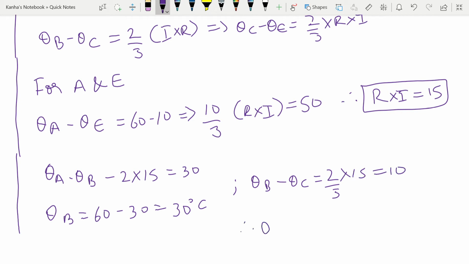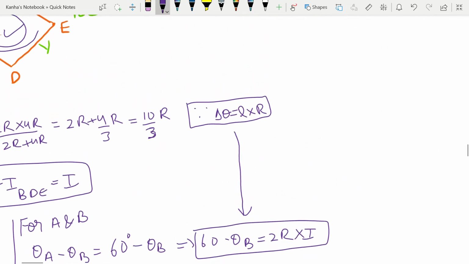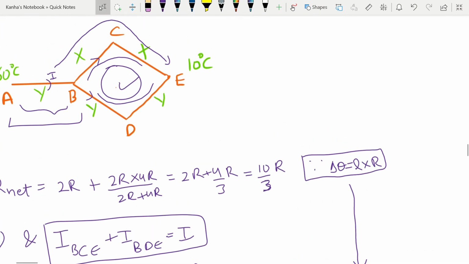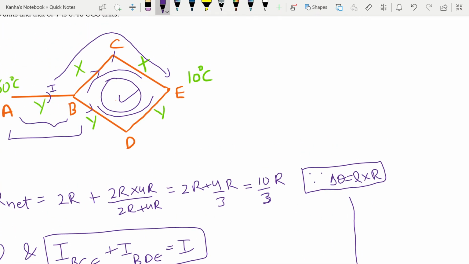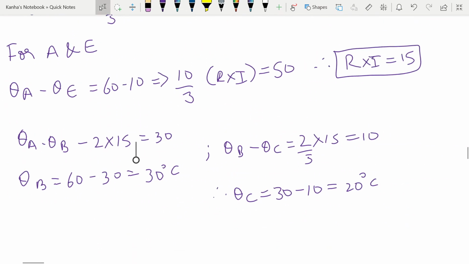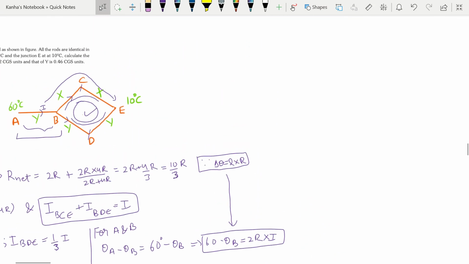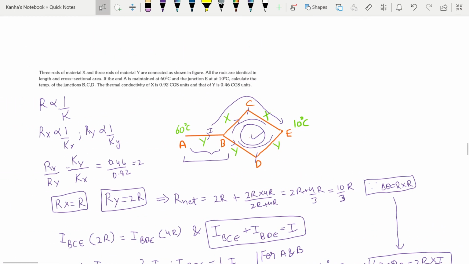Therefore I can write down that theta C is equal to 30 minus 10 is equal to 20 degrees Celsius. Also it is very obvious that the temperature theta at C is equal to theta D. So theta C is equal to theta D is equal to 20 degree Celsius. This is what was asked in the question.